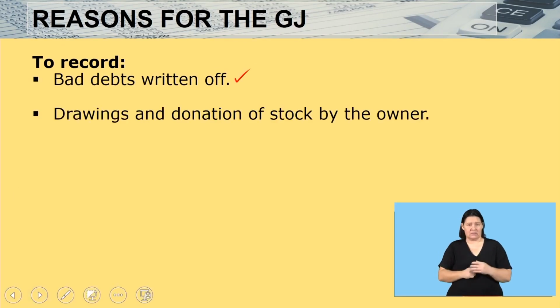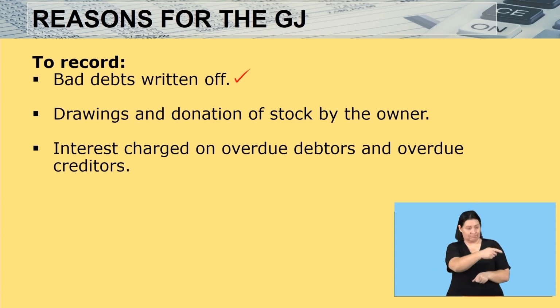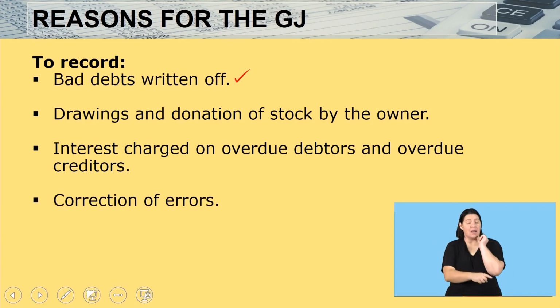The next one is to record drawings and donations of stock by the owner. Thirdly, it is to record interest charged on overdue debtors as well as overdue creditors. And then lastly, it is to correct errors. When errors are made, we correct such errors in the general journal.